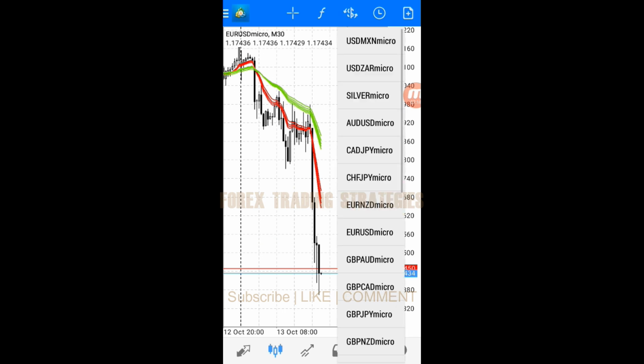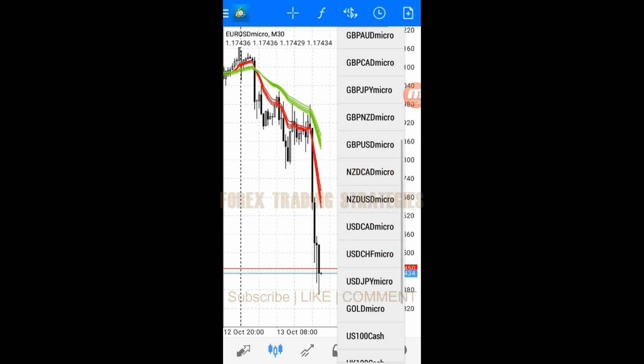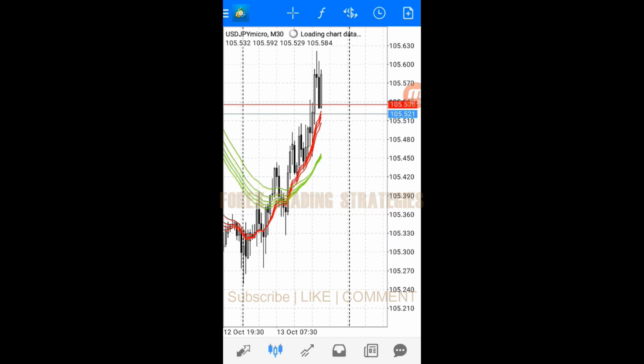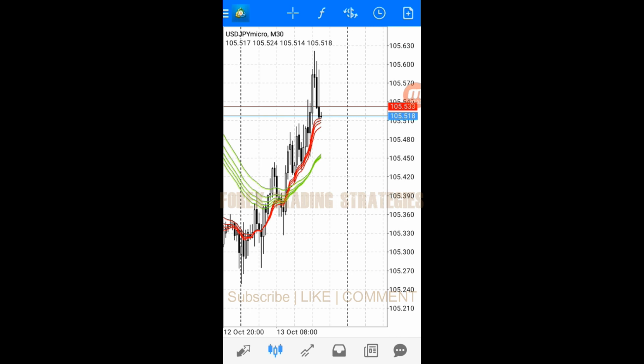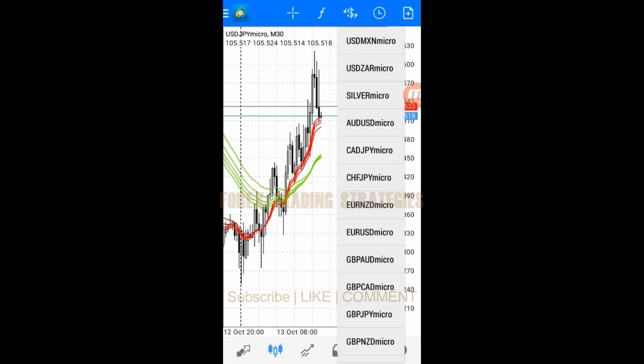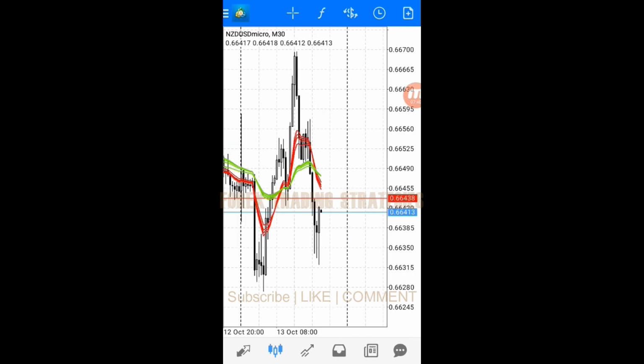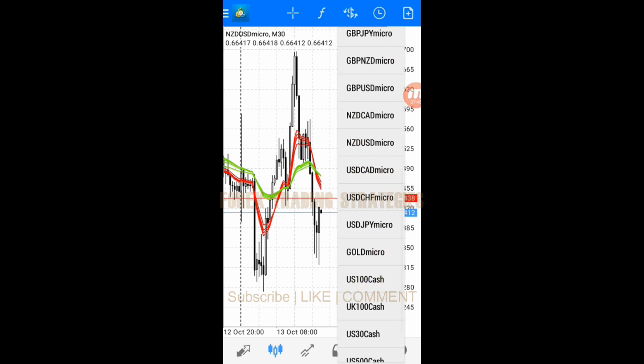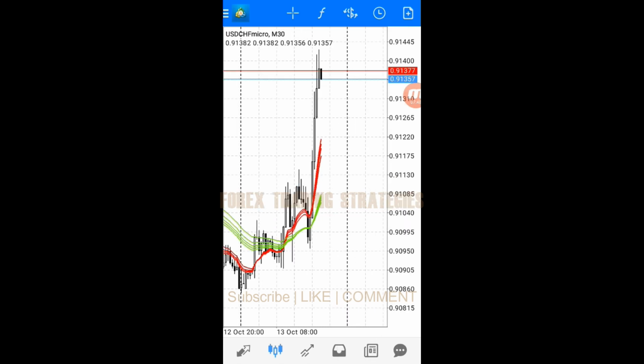Let's look for USD JPY. We are going to expect it to be bullish, because the dollar is strong. There. Let's look for another USD pair. The New Zealand dollar is bearish. We are looking for USD Swiss. It's bullish, because the US dollar index is bullish. The US dollar is strong.